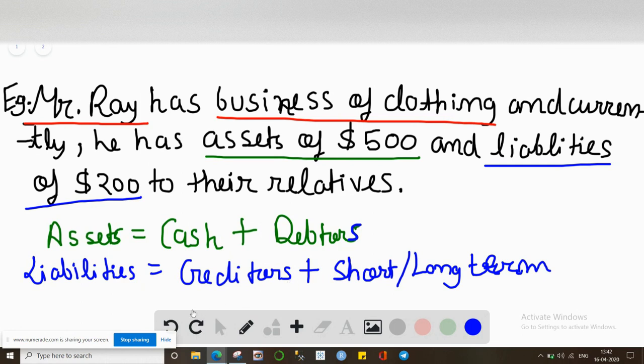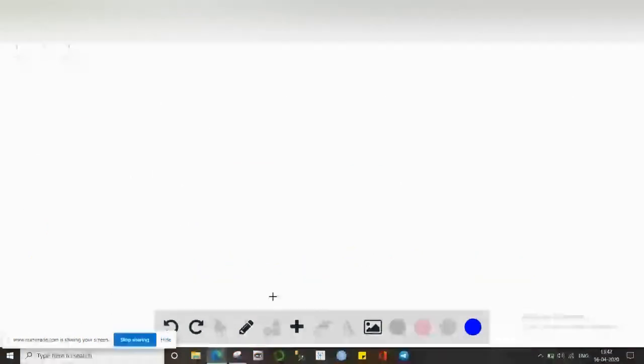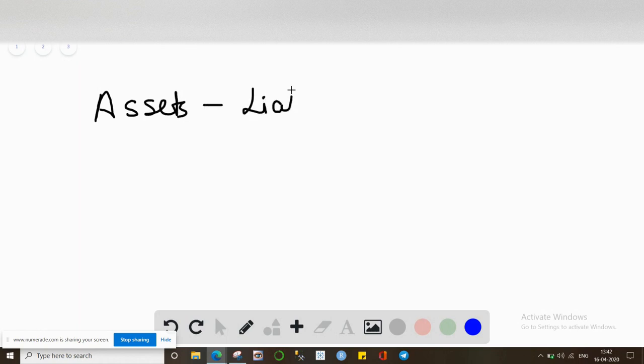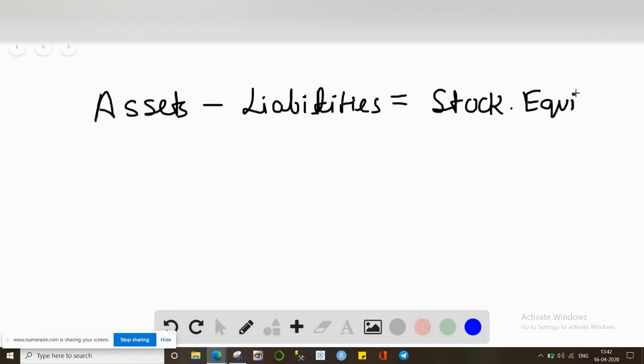Now let's understand what the accounting equation implies. Asset minus liabilities equal to stockholder equity. What is the amount of assets in our example? 500.